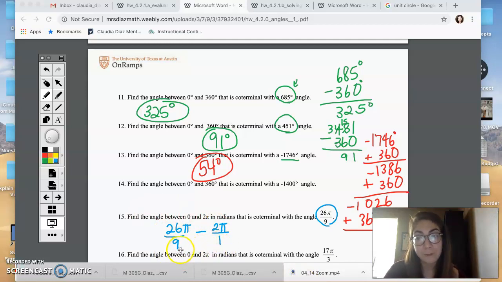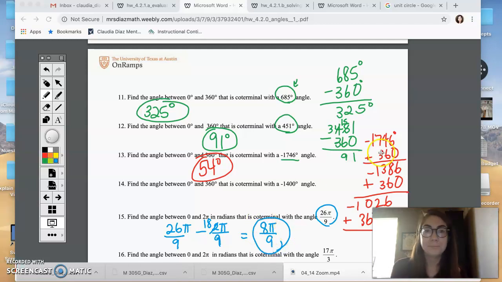Remember, whenever you add or subtract fractions, you need a common denominator. So this is going to be 18 over 9, because I multiplied top and bottom by 9. So 26 minus 18 should be 8 pi over 9. And that's our coterminal angle.